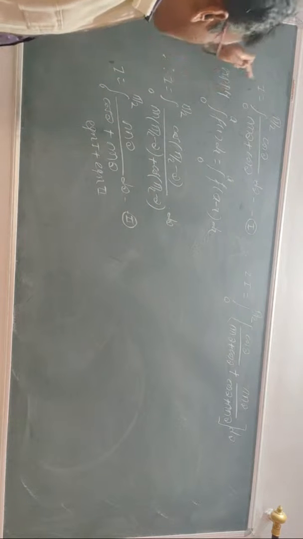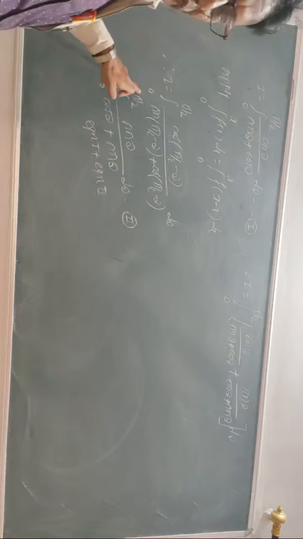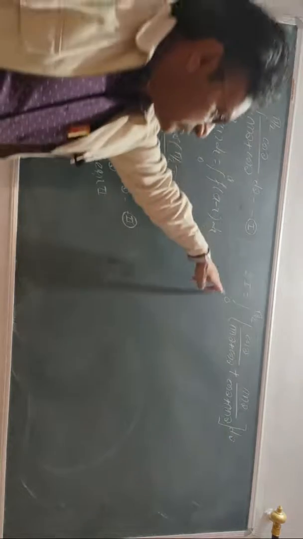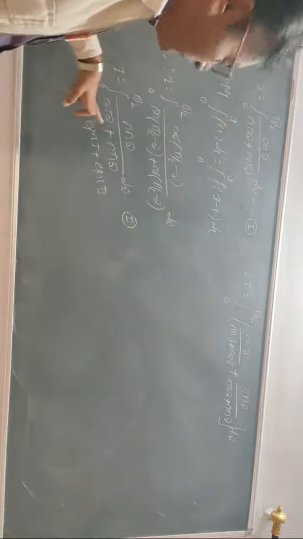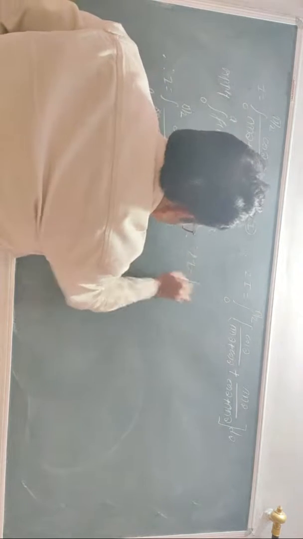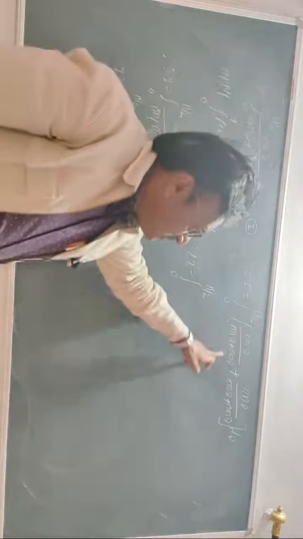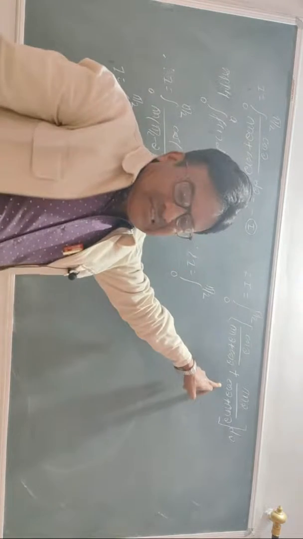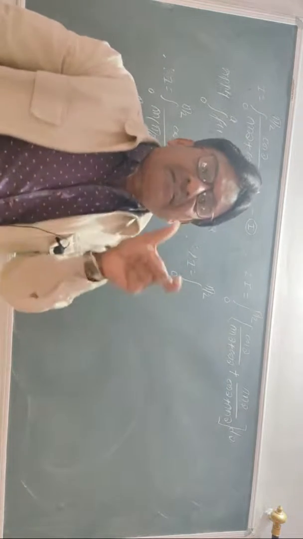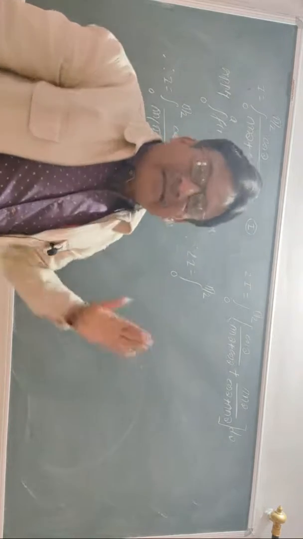Again, we repeat this: I plus I is 2I, integration 0 to pi by 2. Therefore 2I is equal to the integration from 0 to pi by 2. Here first we observe the denominators: sin theta plus cos theta in both, that is, the denominators are equal. And we know that if the denominators are equal, then we add the numerators directly.